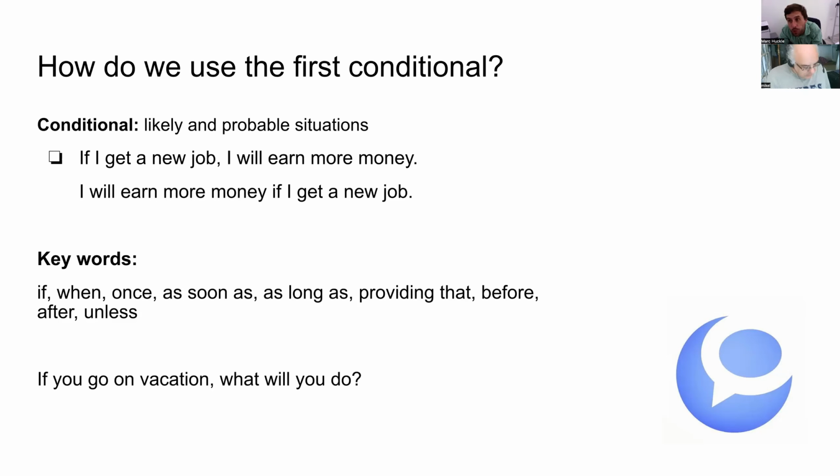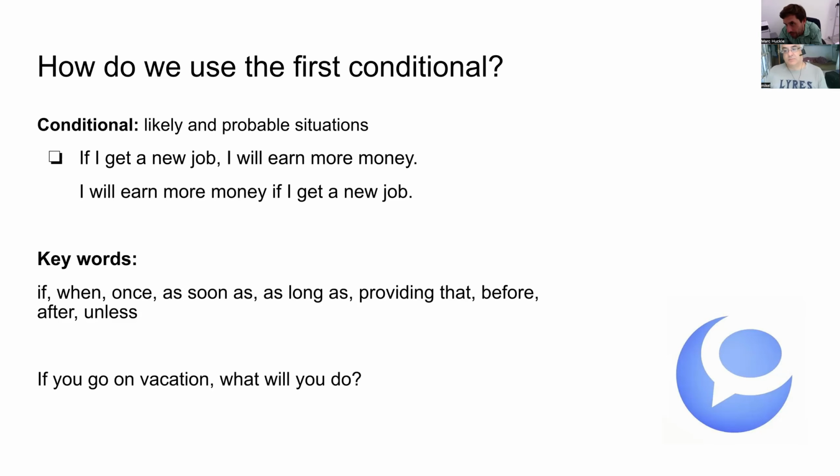If is the future time clause. You can use any of these words, as long as, providing, but the meaning is different. Once, una vez que, of course, as soon as, tan pronto como, as long as, siempre que, providing that, con tal de que. The meaning changes, but they can substitute if.